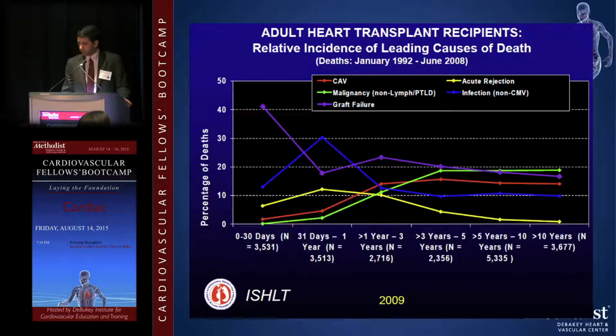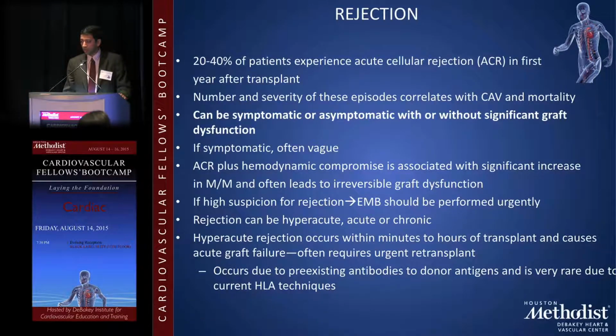This is rejection and this is infection. These two are much more common in the first year, and then they go down in terms of incidence. And then what really increases is malignancy and graft failure as you progress with heart transplant.